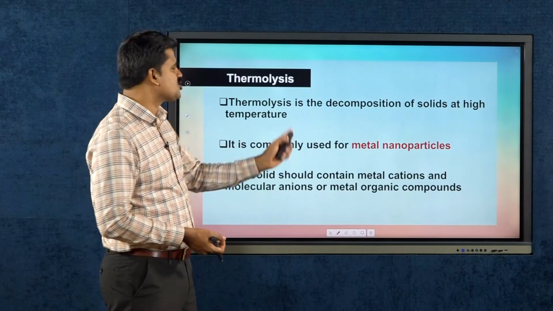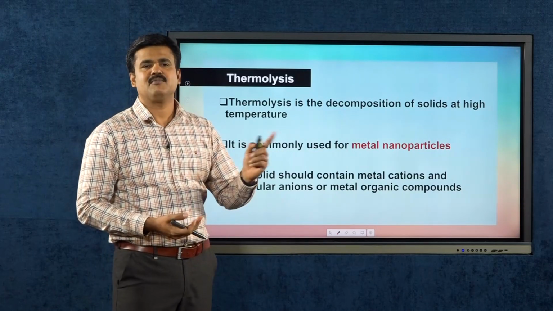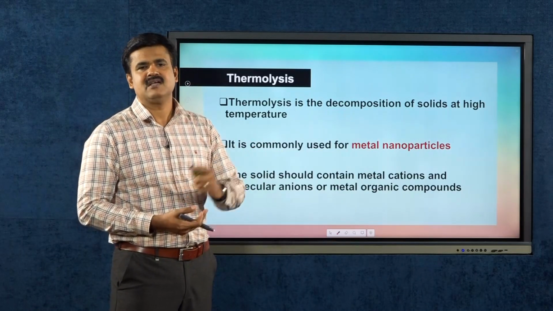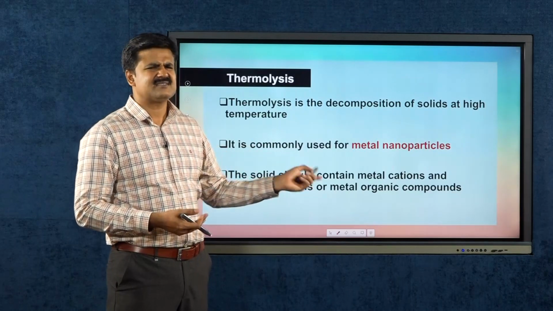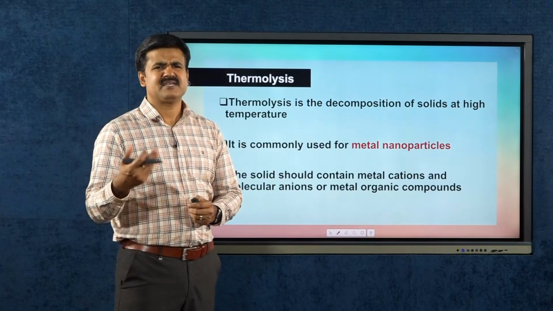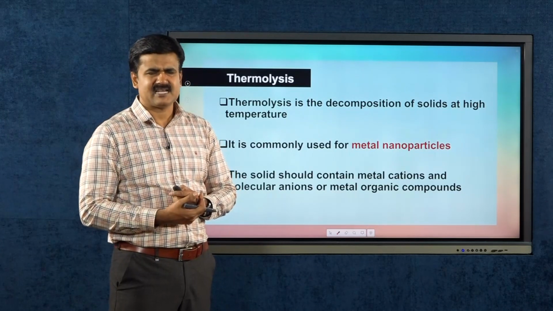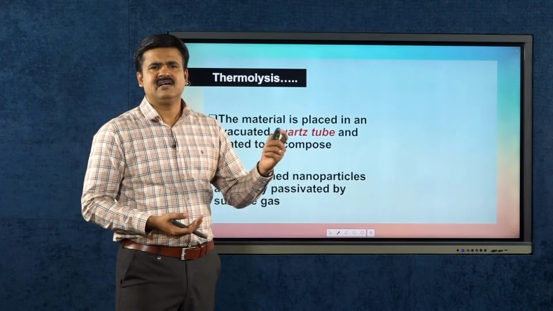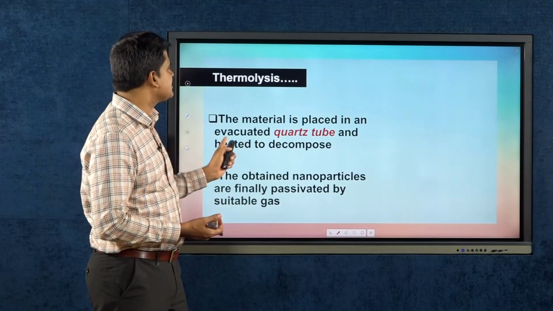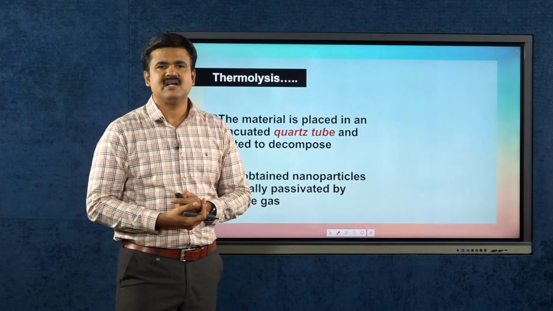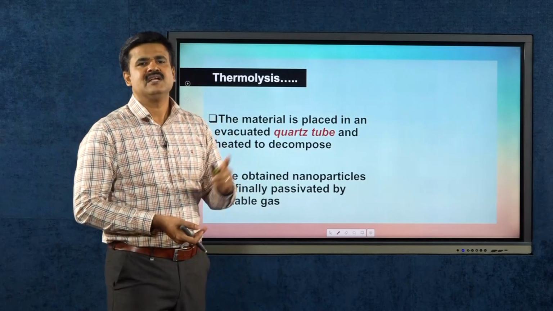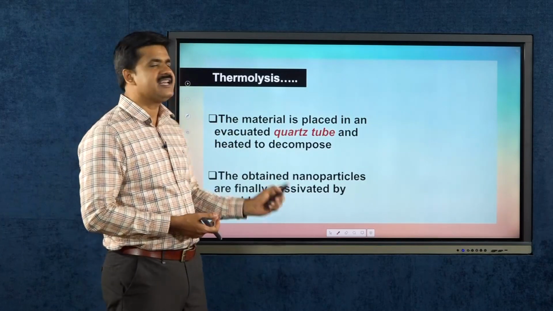The solid should contain metal cations and molecular anions, or metal organic compounds. These may be the starting compounds. Yes, a metal organic compound can be the starting material, or a salt can also be the starting material. The material is placed in an evacuated quartz tube and heated to decompose. The obtained nanoparticles are finally passivated.